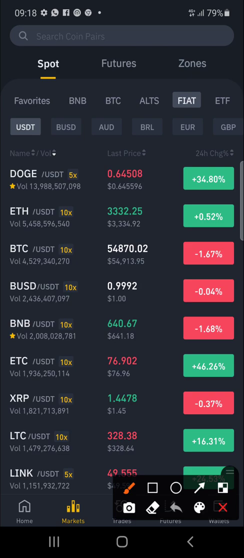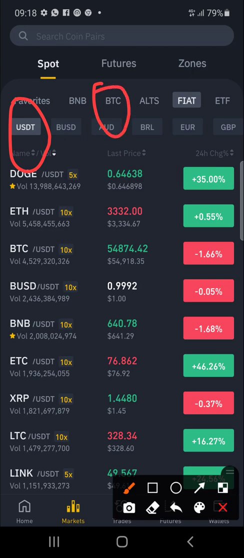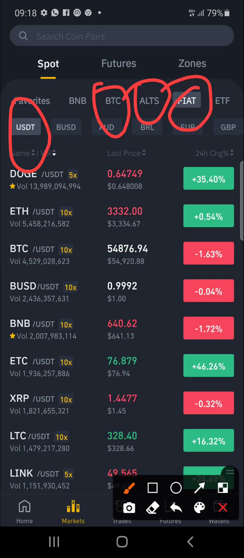Let me just show you. Though I have mentioned all those things, this is what I'm talking about. You can use USDT, you can use BTC. Altcoins comprise Ethereum, GRX, and XRP, which you can use to trade. Also, this fiat is talking about the USDT we are using.